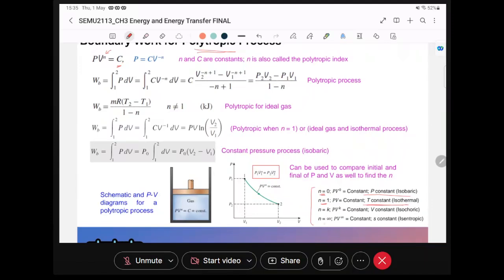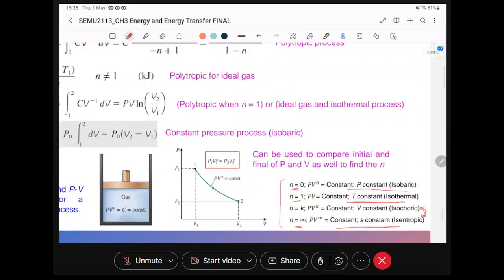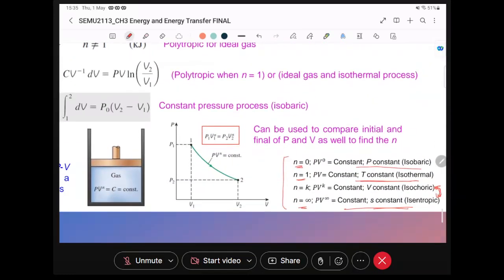If n equal to infinity, then it's a constant volume. I think it's opposite. Sorry, these two are messed up. Okay, do take note. There's a mistake here. When n is infinity, of course V is very big, so it's almost negligible. So it's a constant volume. Okay.